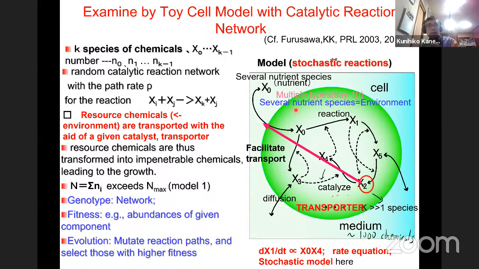And assuming that when the molecule number here is larger than some threshold, the cell is divided into two, and then repeats this process. And in the division, we make a slight mutation. Mutation means that the reaction network is slightly altered. So for example, put in some other reaction path, or delete some other path or something like that.